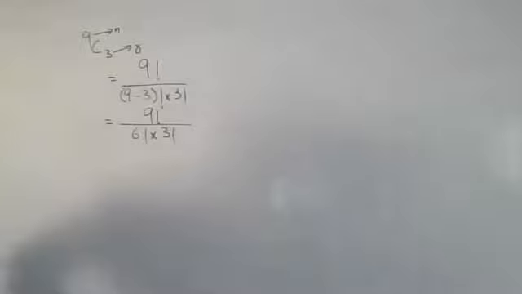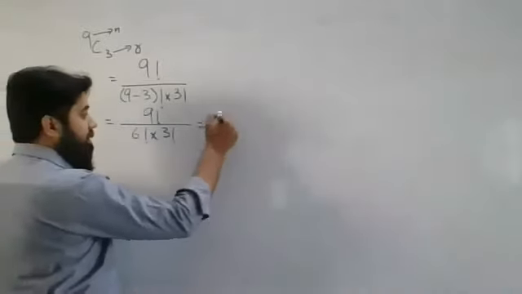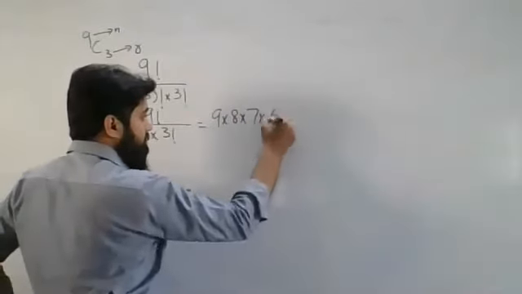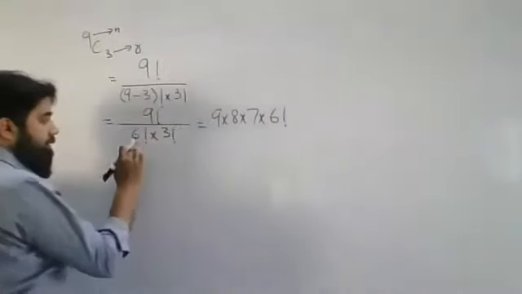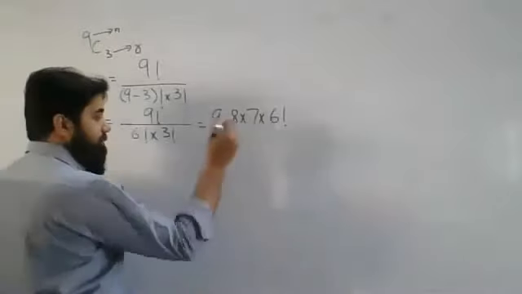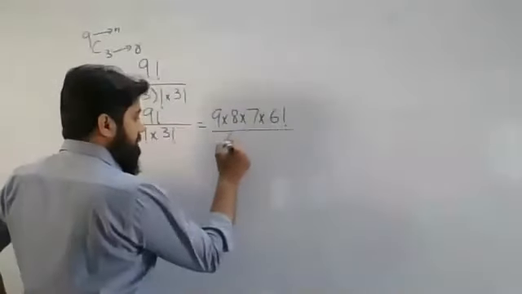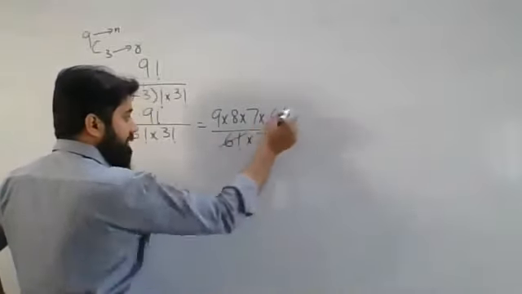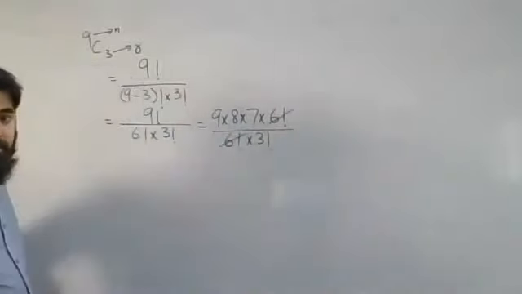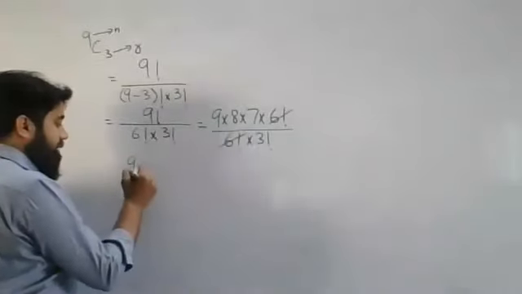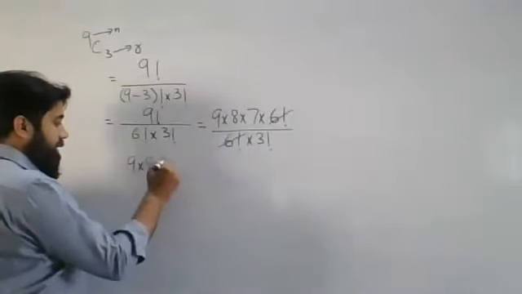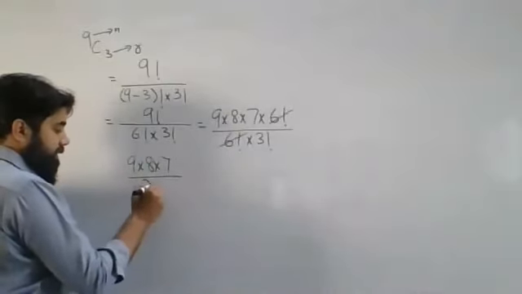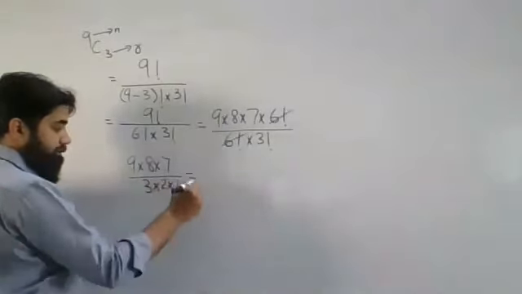And then 9 factorial. Expanding it, 9 into 8 into 7 into 6 factorial. Over here I have got 6 factorial, so I am stopping it over here. 6 factorial into 3 factorial. 6 factorial and 6 factorial will be cancelled. 9 into 8 into 7 over 3 factorial, which is 3 into 2 into 1.